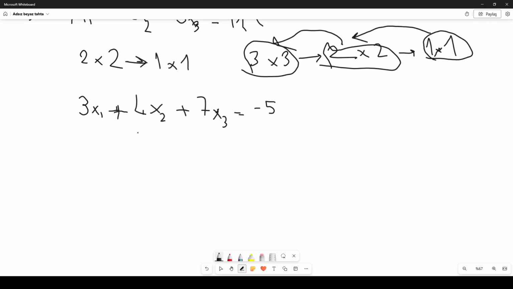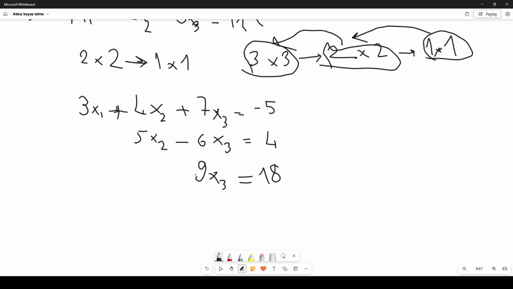Okay, 5x2 minus 6x3 is equal to 4, and 9x3 is equal to 18.